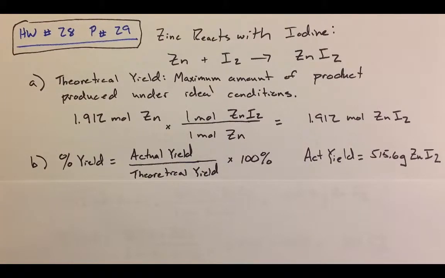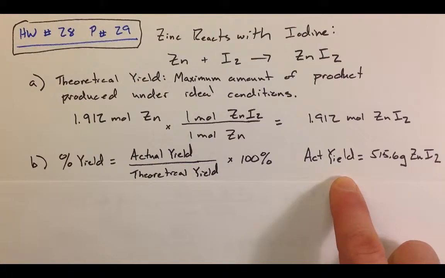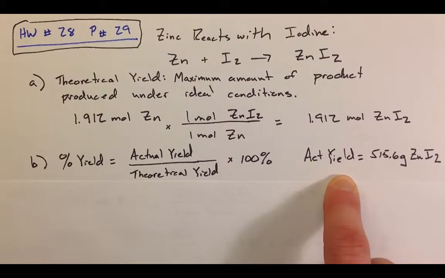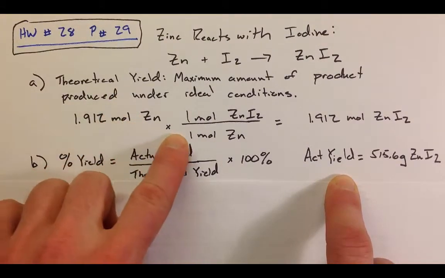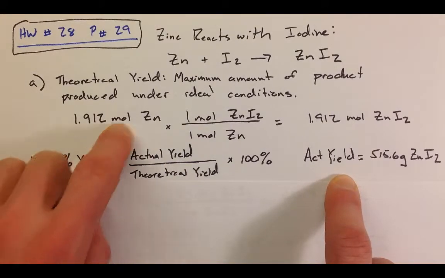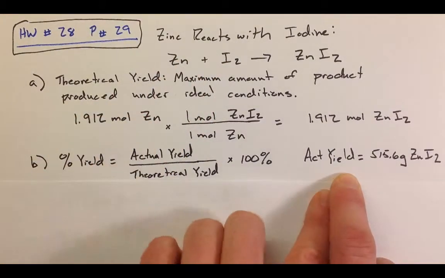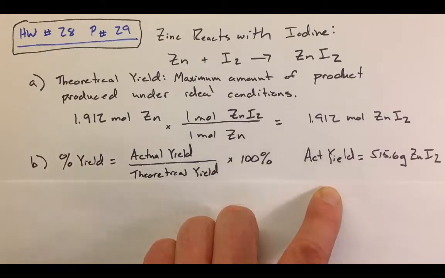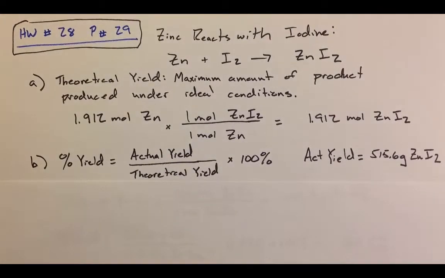Actual yield can only be measured in the laboratory, or you would have to be told what an actual yield is. A theoretical yield can be calculated from how much reactants you start with, but for an actual yield, you have to carry out the experiment and measure it, or you would have to be told how much was produced.